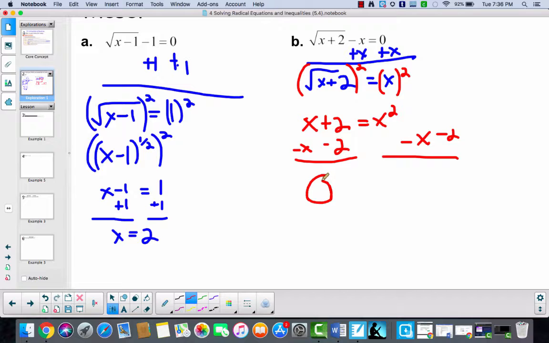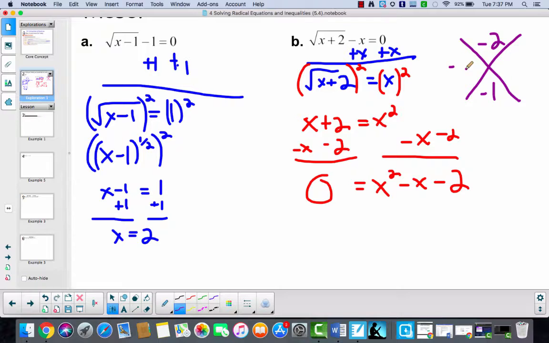So this leaves me 0 on this side and leaves me with x squared minus x minus 2 on this side. Now we get to do my favorite thing. We get to factor, so we need to think about what multiplies to give me negative 2 and adds to give me negative 1. That's going to be a negative 2 and a positive 1.